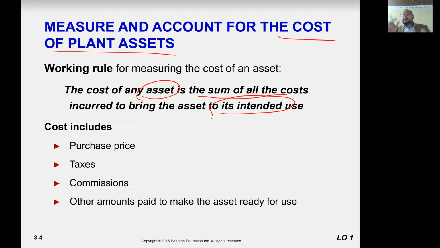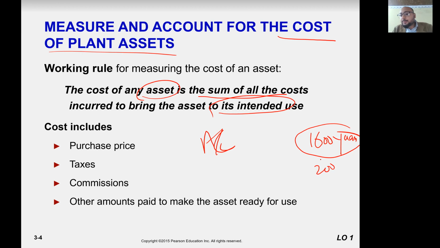For example, if you buy an AC for 1600 yuan, does that mean your air conditioner costs you 1600 yuan? No. You paid 200 transportation cost, and you paid 100 installation cost. All those costs would be your cost of AC.